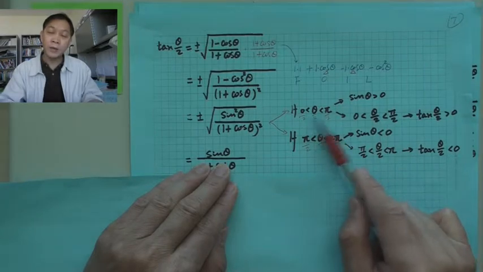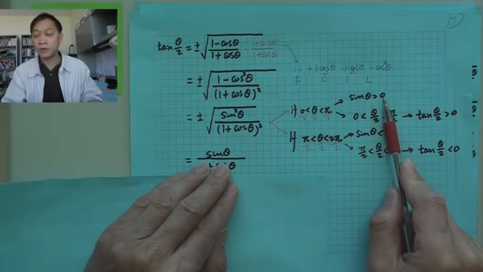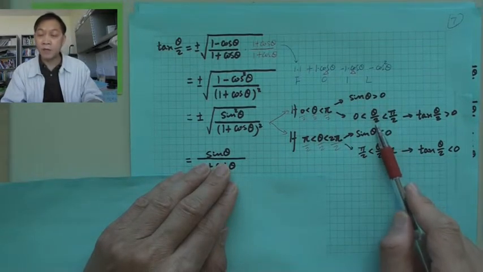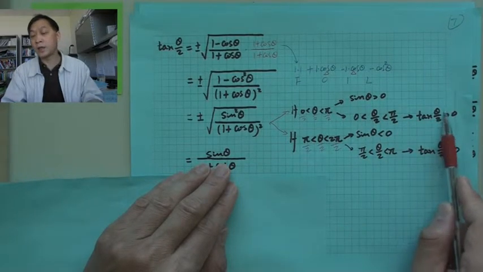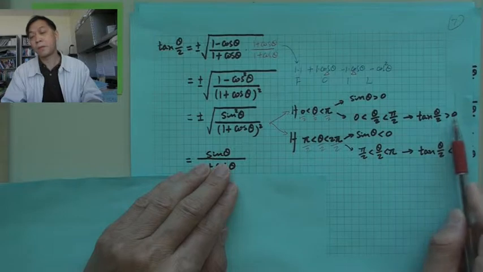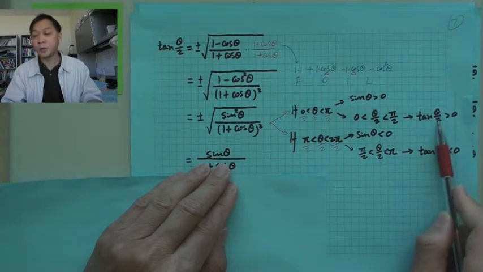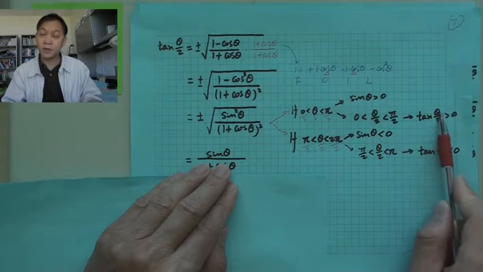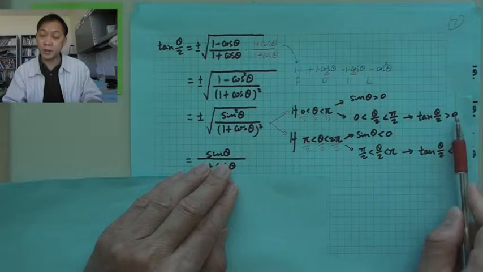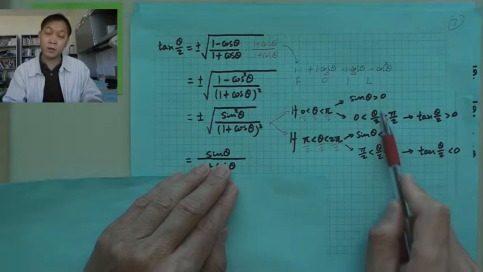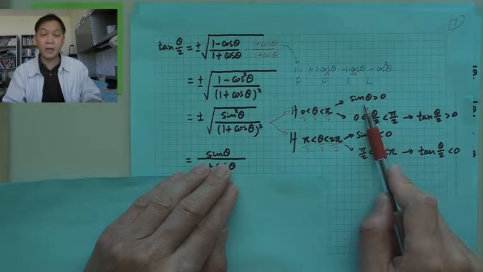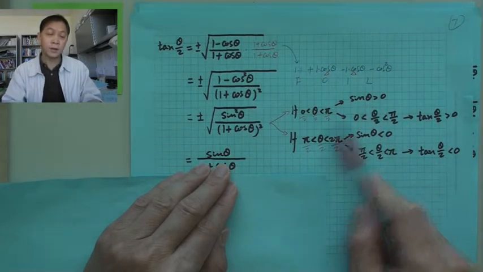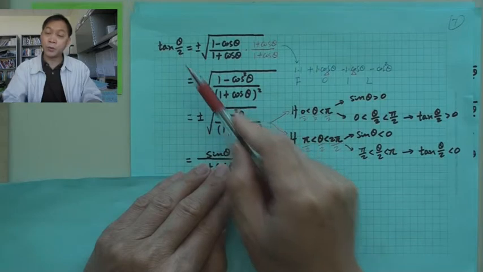In quadrant 1 and 2, sine theta is positive, and half theta is in quadrant 1, so tangent theta over 2 is also positive. Here it tells us it's in the first quadrant. So if sine theta is positive, then tangent theta over 2 will be positive.